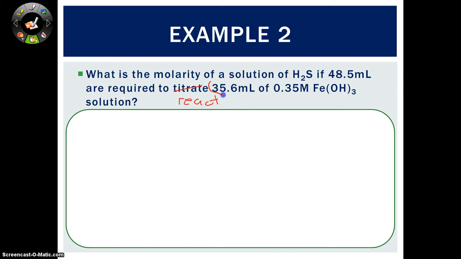I know that this is reacting, and I want to know something about this one. So I'm going to start with 35.6 milliliters. But remember, this is moles per liter, so I want this in liters. So it's 0.0356 liters of iron hydroxide.